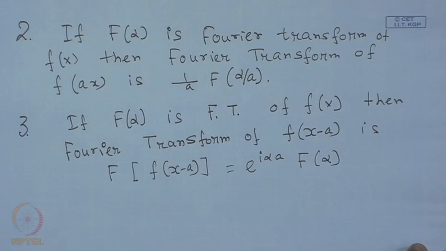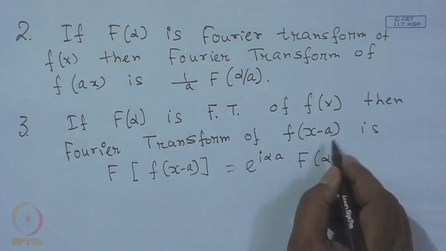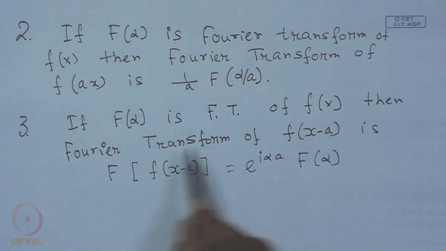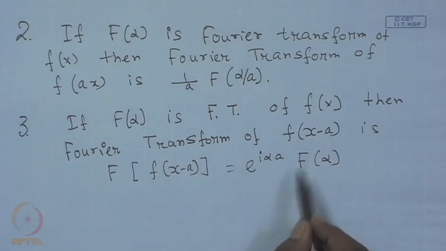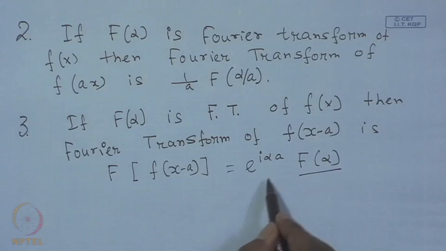So, these are the various properties of the Fourier transform. So, if F(alpha) is the Fourier transform of f(x), then the Fourier transform of f(x minus a) will be the same as F(alpha), but multiplied by e to the power i alpha a.